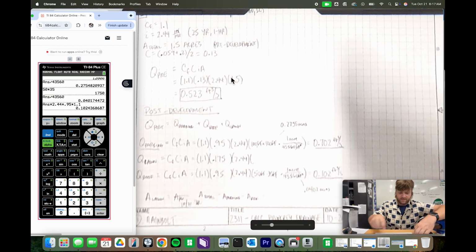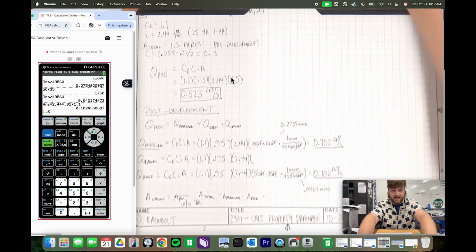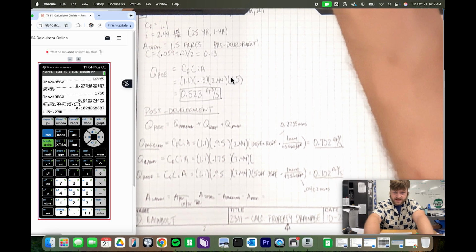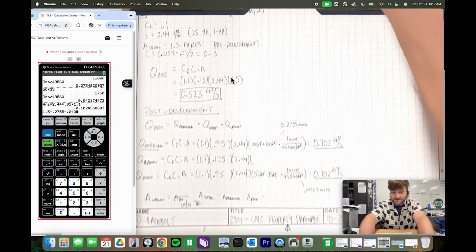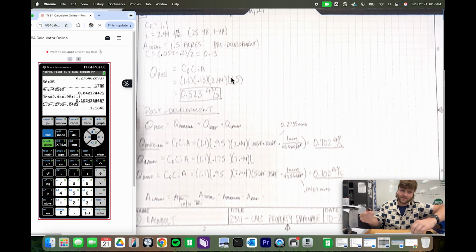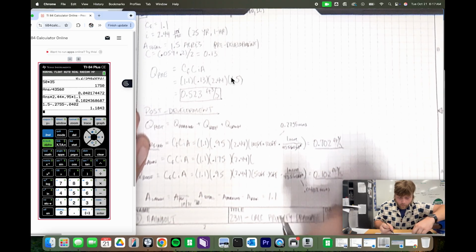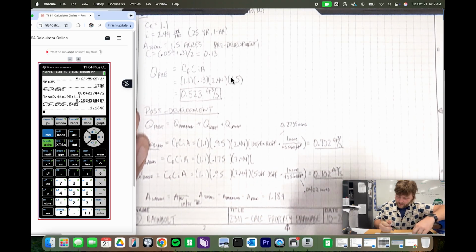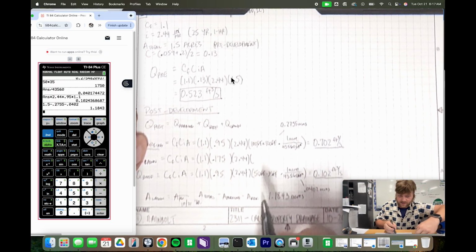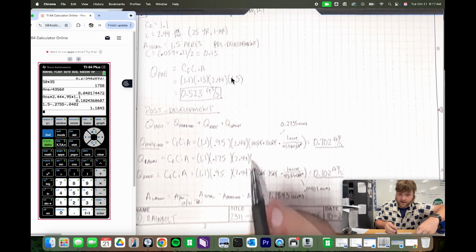So, just as we were saying before, 1.5 minus 0.2755 minus 0.0402, which, yeah, in terms of the acreage of the roof, pretty small. 1.184. We'll end up going out to the 3 there, just so that we're consistent. So it's acres. And so now we can end up plugging this value into the Q value for our lawn, right?